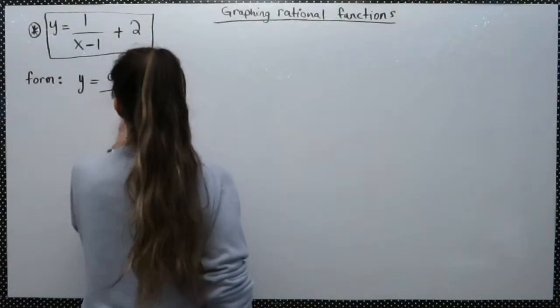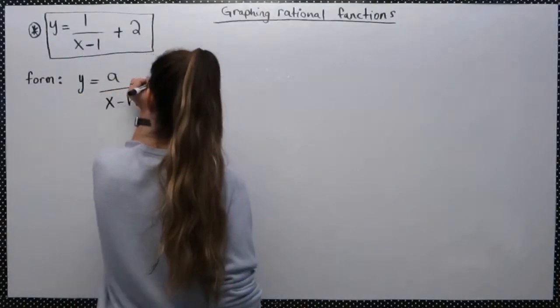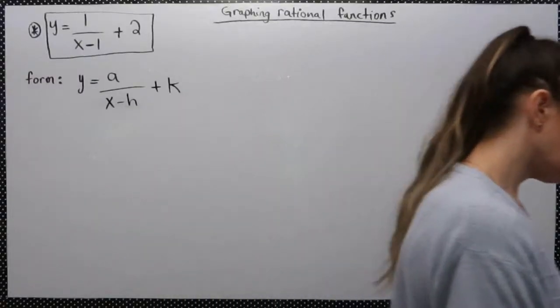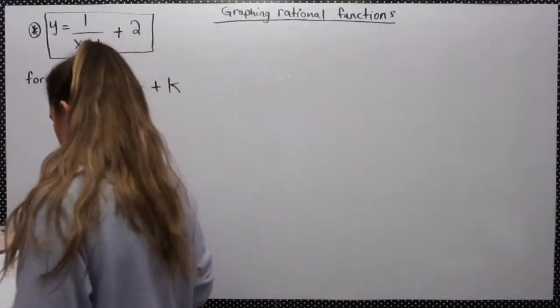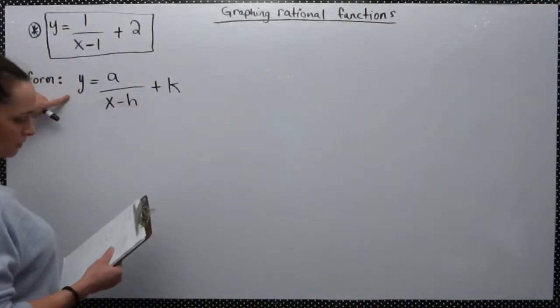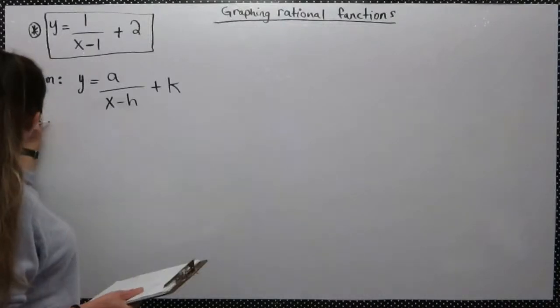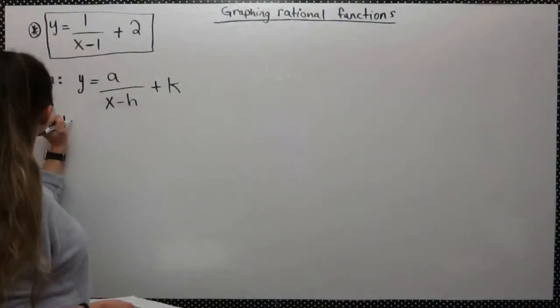Hang on, I'll mess it up. Y equals a over x minus h plus k. Make sure I wrote this correctly. And it gives you the function notation. So it's saying the absolute value of a is your vertical stretch.